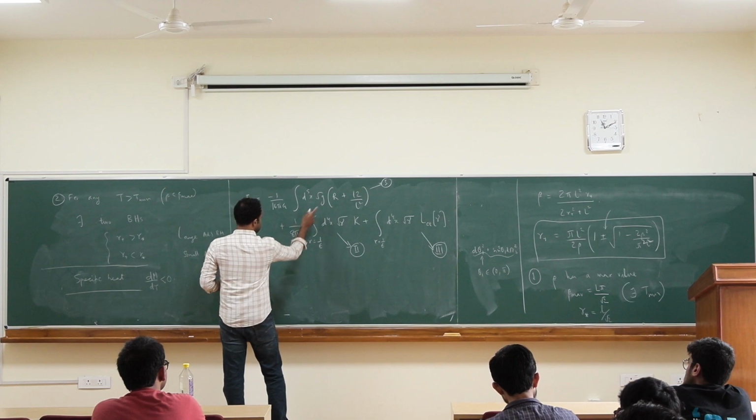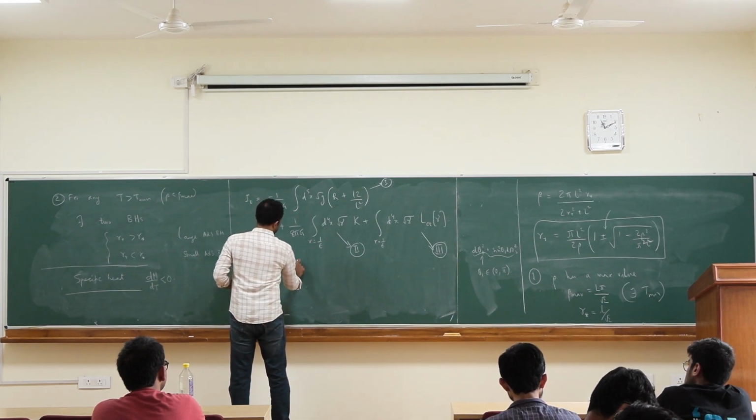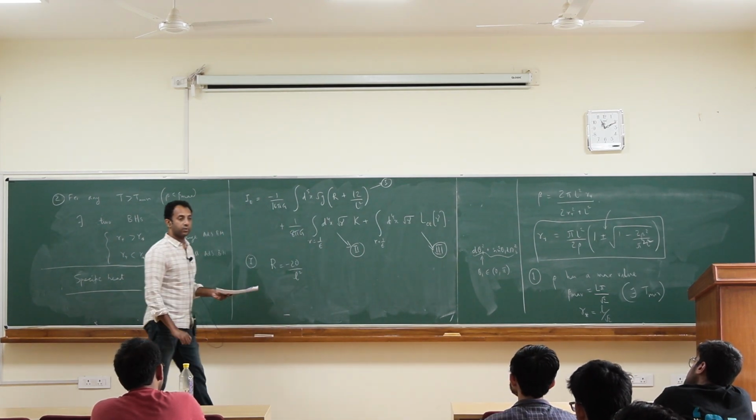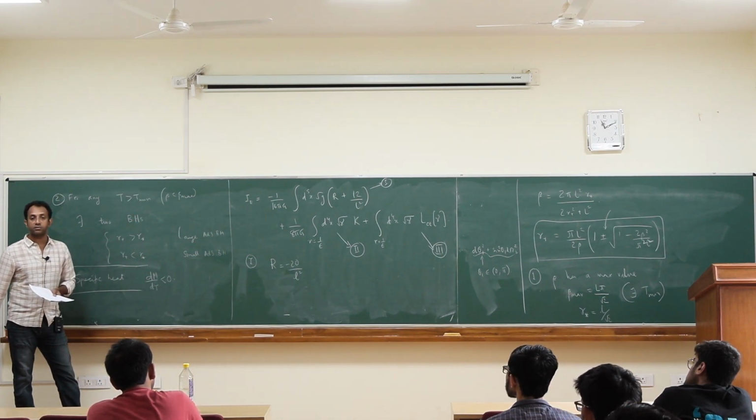If you plug in from Einstein's equation, you will find that R is minus 20 by L squared.